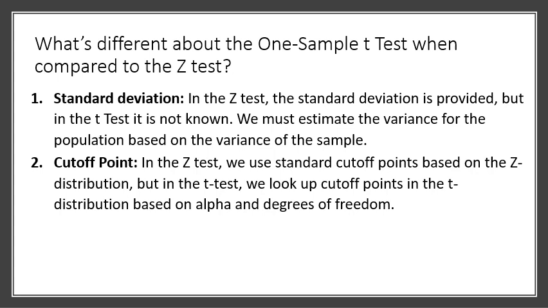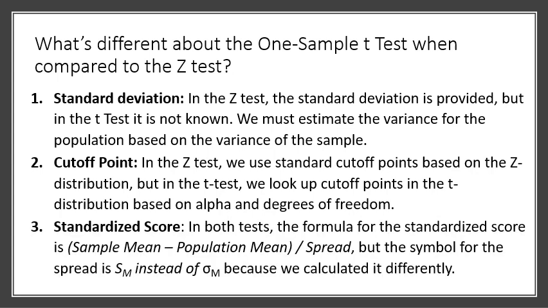But in the t-test, we're still going to be looking up cutoff points, but we'll be using a t-distribution, and we'll be basing it on alpha and something called degrees of freedom. And thirdly, the standardized score, you already saw that it's the same, which it is. In both cases, z-score and t, it's sample mean minus population mean divided by spread. But the symbol for spread is going to be this thing called SM instead of sigma M, because we calculate it differently.